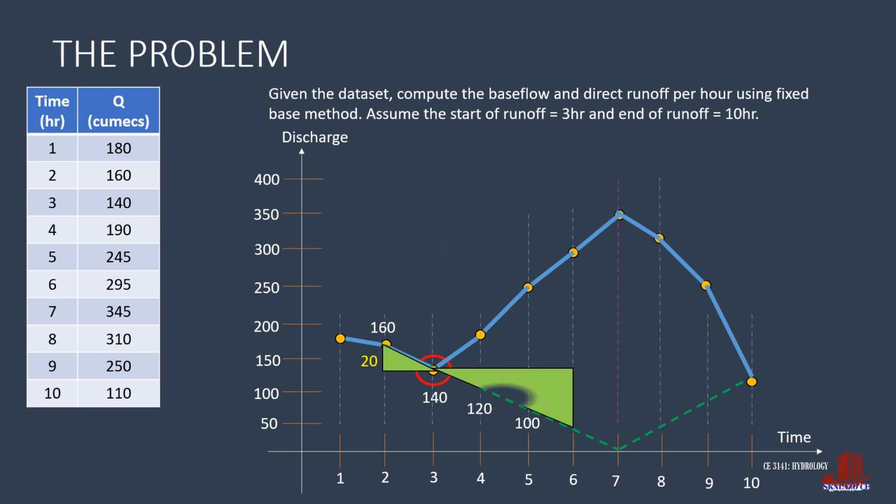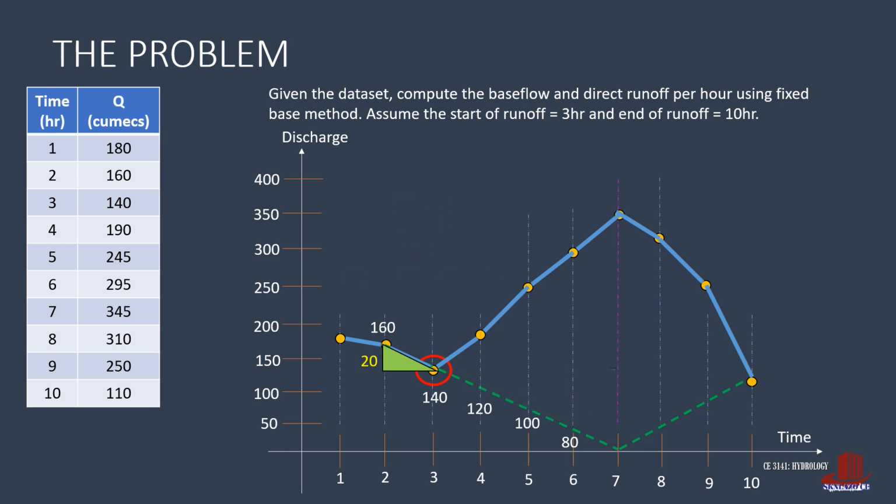The same process is done with t of 6 hours, where the first ratio is 20 is to 1, and this is proportional to y is to 3, so y is 60. Then base flow at 6 hours is 140 minus 60, which leaves 80 cumex.